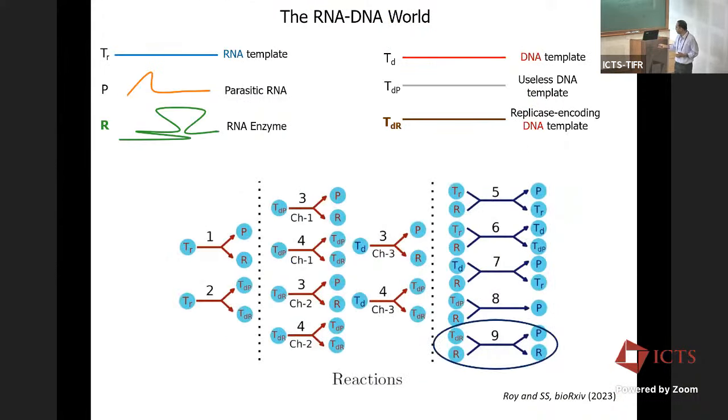And one particular reaction that we found was very crucial was this autocatalytic reaction where the information about a replicase that is encoded in a DNA sequence is replicated by using the replicase itself as a catalyst for this reaction. So this is an autocatalytic reaction that produces a replicase using a replicase and a DNA template encoding the replicase.